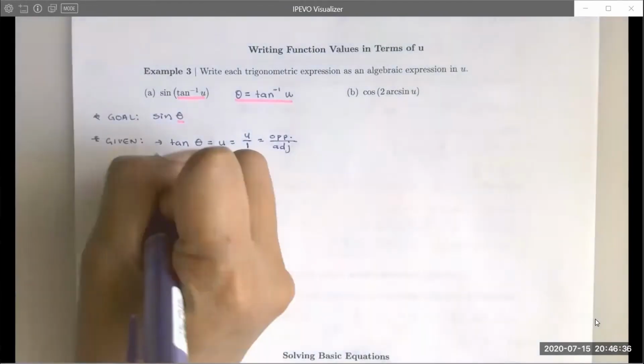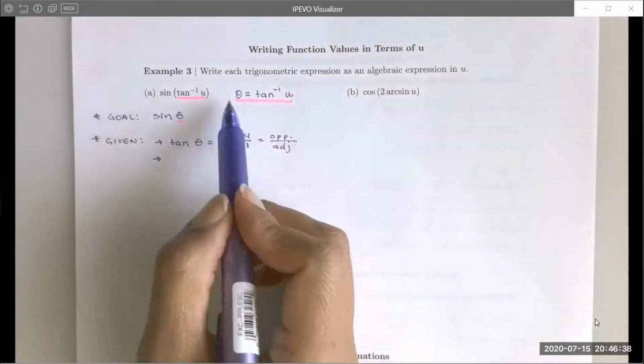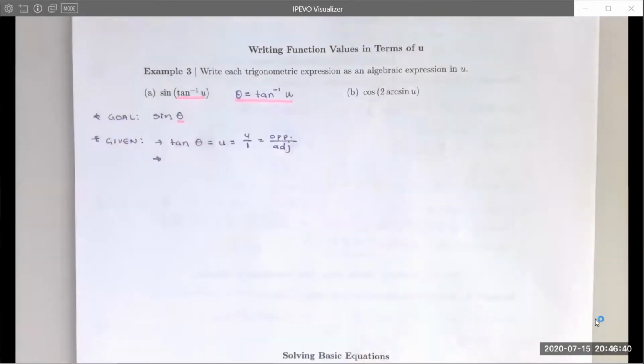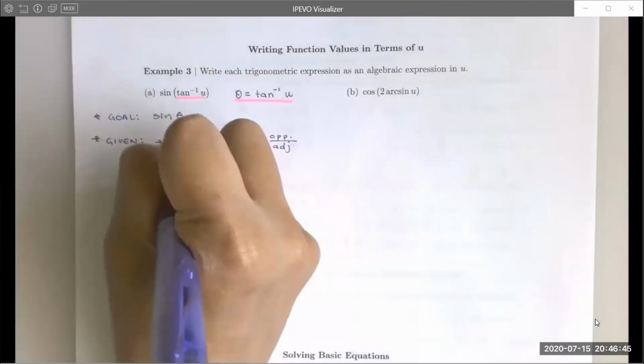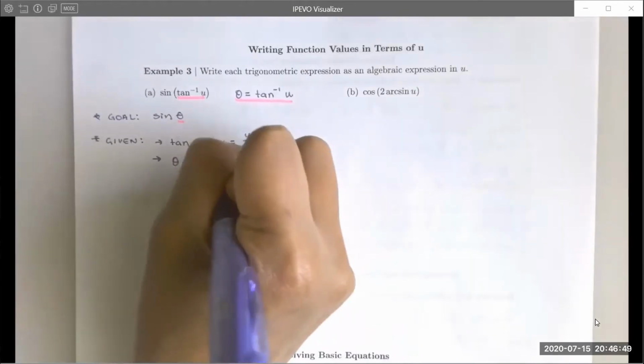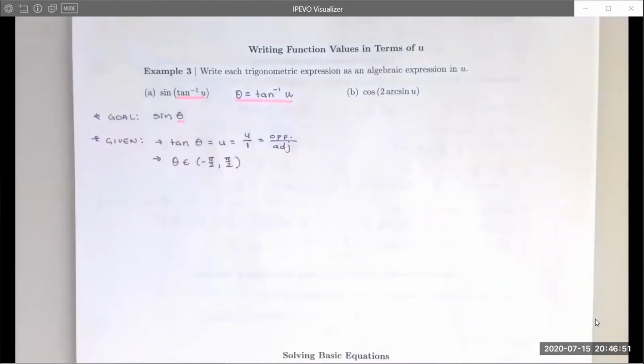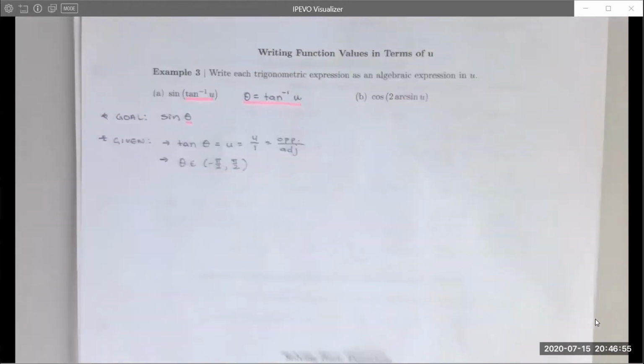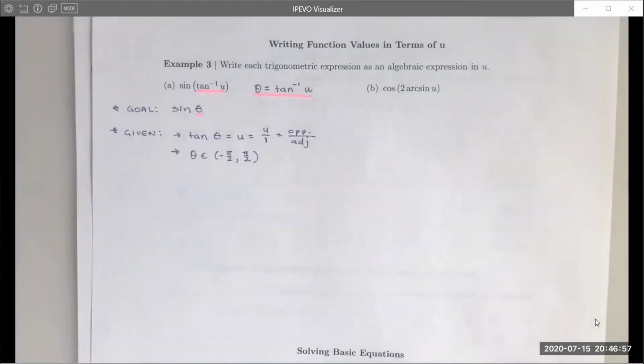We also know that the angle theta that gets returned by tan inverse has to be in the range of -pi/2 to pi/2. I'll go ahead and remind you why in a second, but essentially it boils down to that is what we restricted the domain of tangent to be in order to have a one-to-one function for tan.